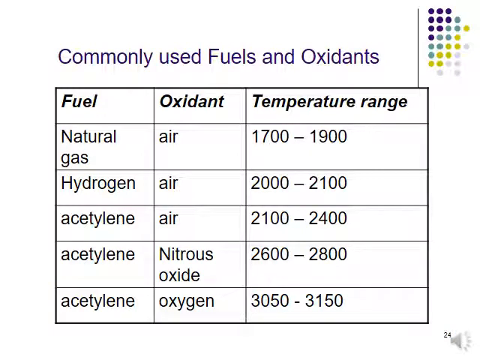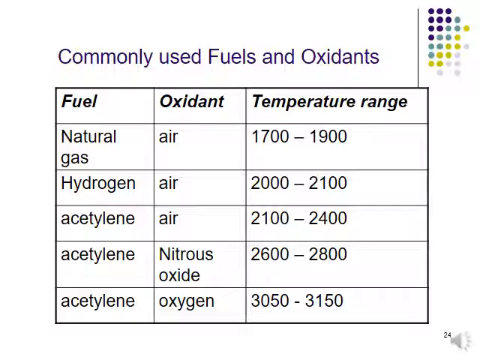So now we have what we call the commonly used fuels and oxidants. You can choose which fuel and oxidant, and what temperature range you want to use. When we have a very high temperature range, you can choose the mixture of acetylene and oxygen.